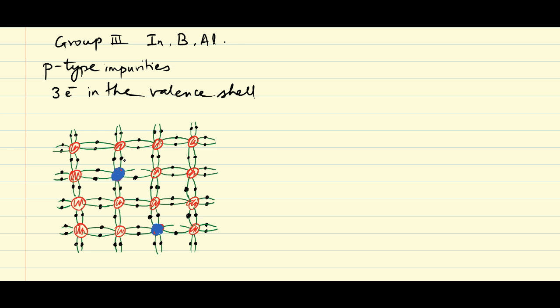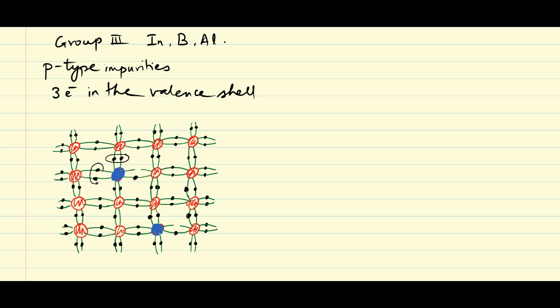So you can see that in actuality, since boron has 3 valence electrons, it forms covalent bonds with only 3 of its silicon neighbors. So what I mean is the following: this is a covalent bond between boron and silicon, and one electron has come from boron, the other from silicon.